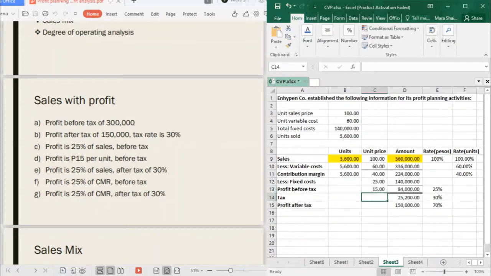So there, you have it. It's the same method, right?